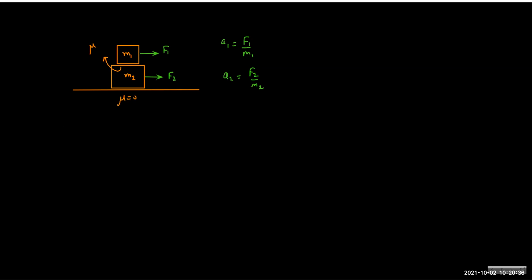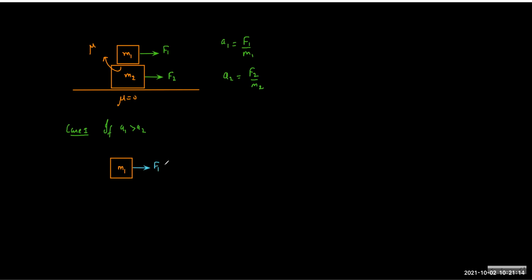Now we can take the cases. Case one: if A1 is more than A2, then M1 will try to go ahead of M2. So M1 will experience the friction force in which direction? Tell me guys. The left side, correct.